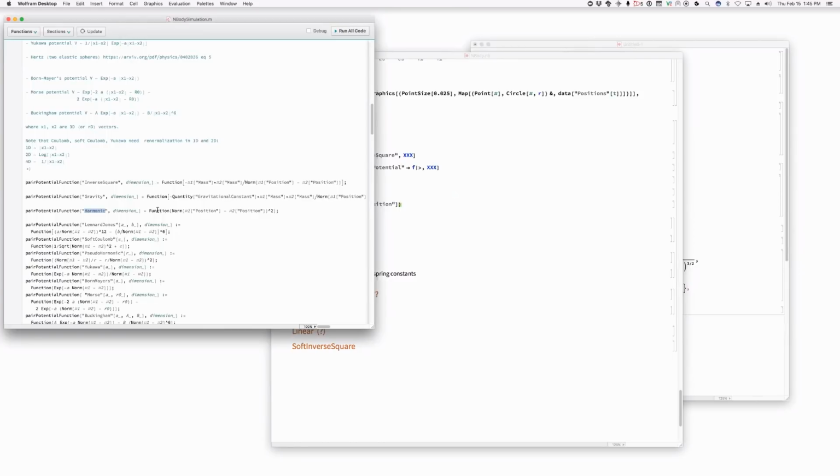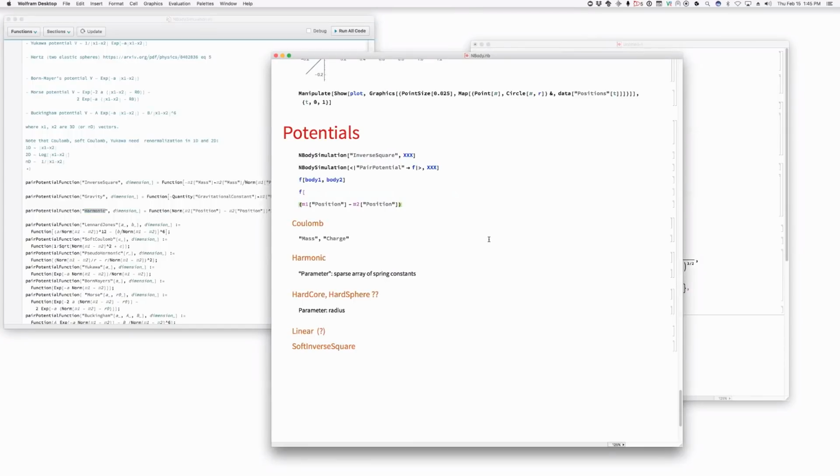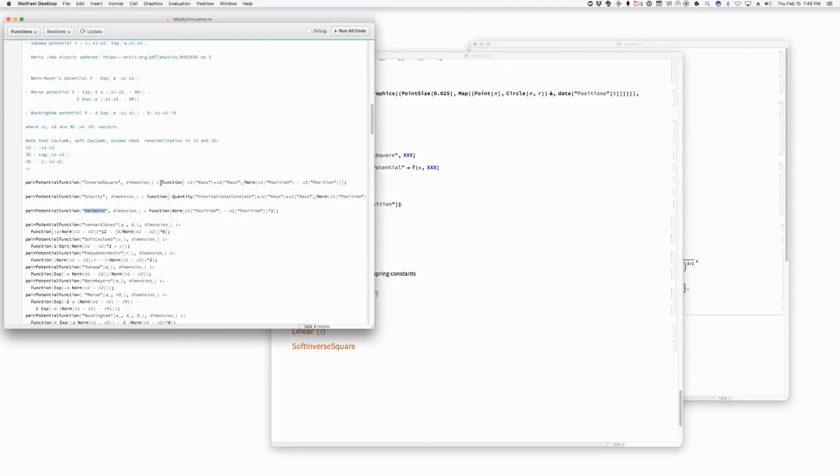So maybe here's an idea for the sparse array thing, Stephen. That's quite general. You could have, say, a pairwise interaction or something. Maybe it's not the right name, but you could give a sparse array to indicate which pairs interact with which others. The only issue here is that you don't know the name of the thing you're dealing with.